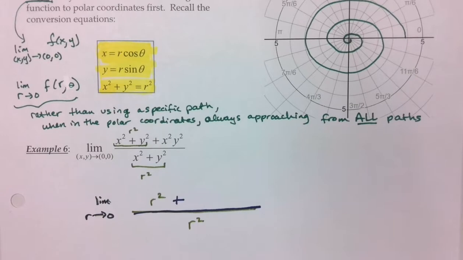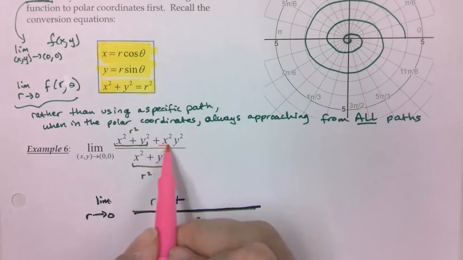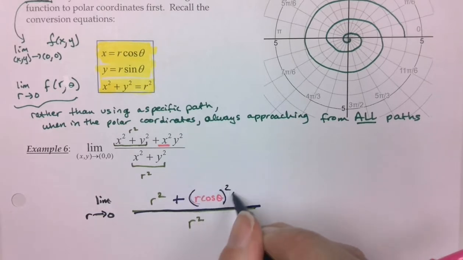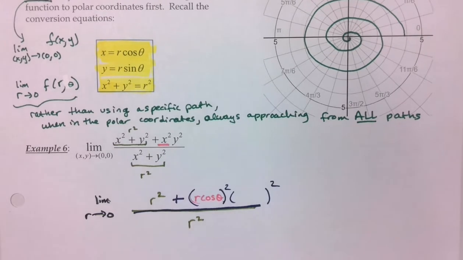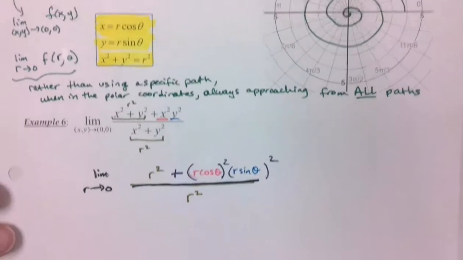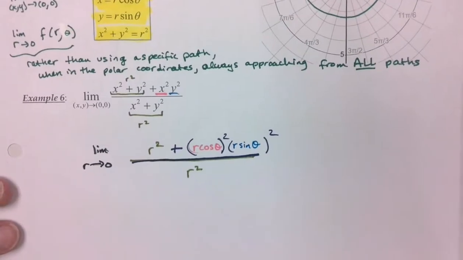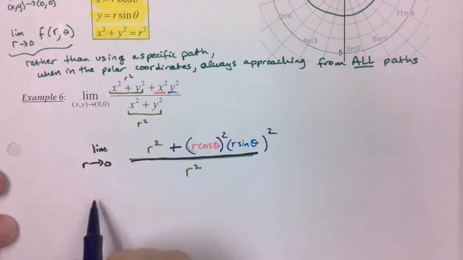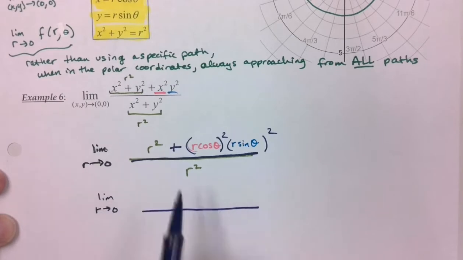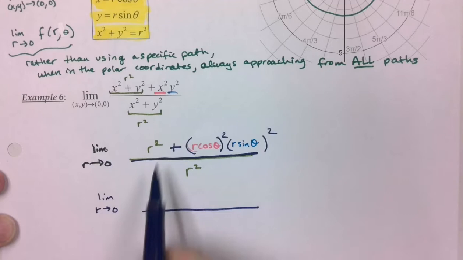So this one will be r cosine theta squared, right, because it's to the 2 power. And then we need another one for the y. So we'll have r sine theta squared. Okay, but that's the limit as r goes to 0 of r squared over r squared.